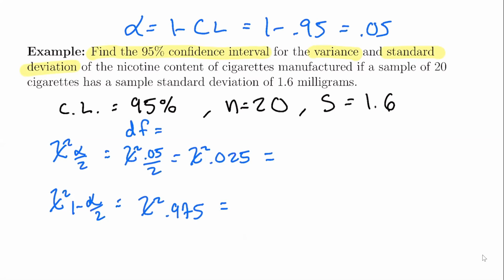My sample size is 20, so you do 20 minus 1, which is 19. So right now what I'm going to go ahead and do is look for degrees of freedom of 19, chi-square of 0.025, and chi-square of 0.975 on my chi-square table. So let me transition over to the chi-square table.